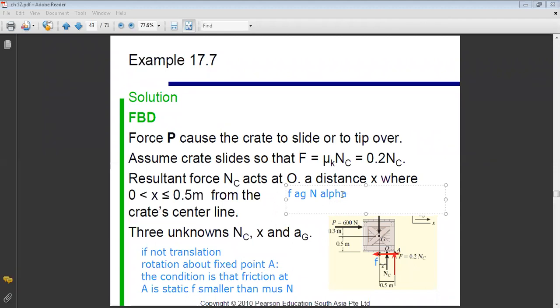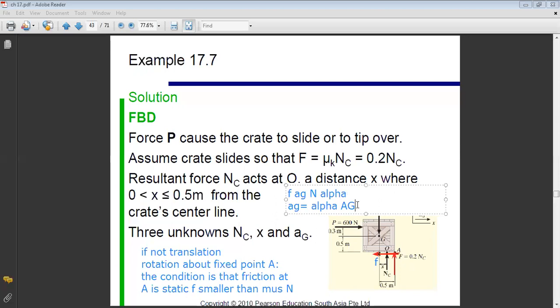So when I say rotation about a fixed point, I can add the relation that Ag is equal to alpha times R. What is R here? The radius of rotation of G about A, which is the distance between A and G. This is my kinematic relation. So now I can write 4 equations with 4 unknowns, and I solve for my 4 unknowns.